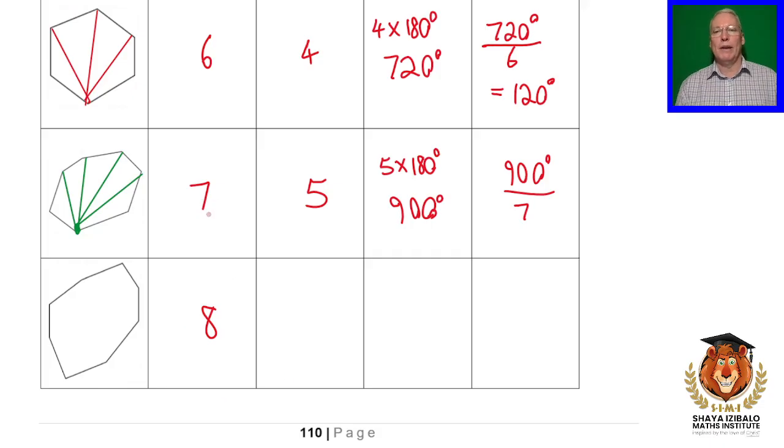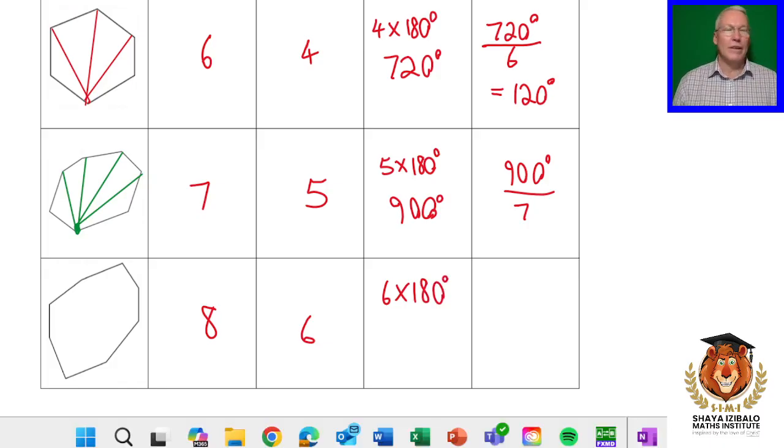I'm not going to draw them, but let's try and look for a pattern here. 7, 5; 6, 4; 5, 3. Any guesses on 8? Absolutely. 8 is actually 6. All right, so 6 times 180. Okay, and we can work out what 6 times 180 is.